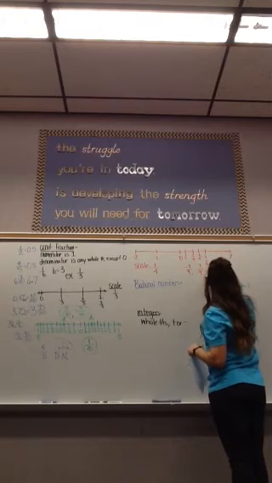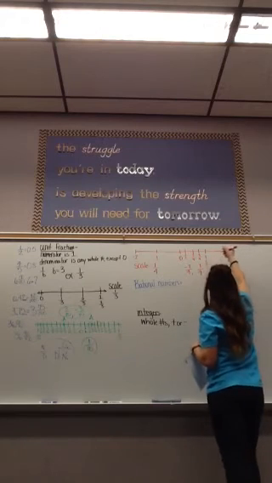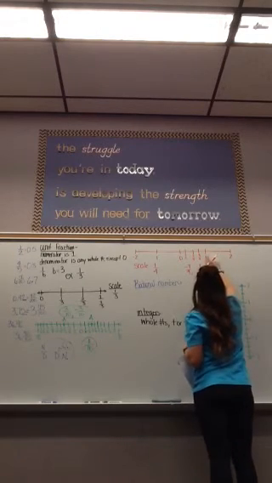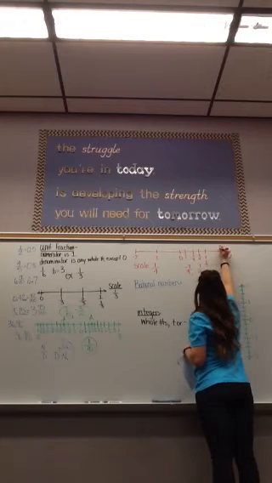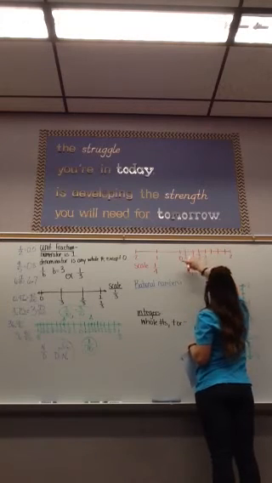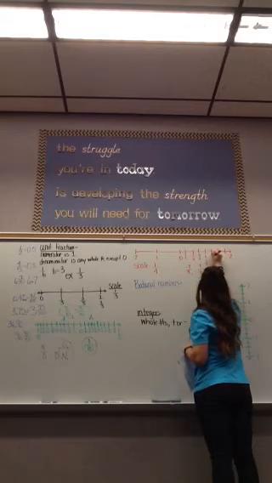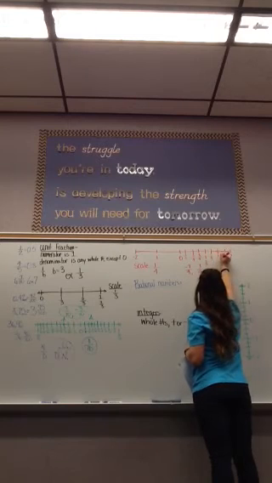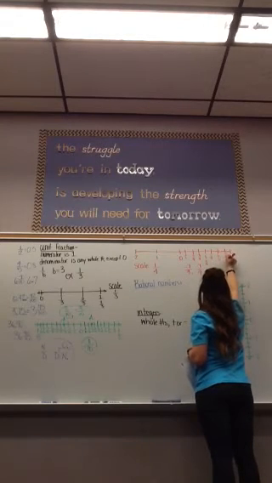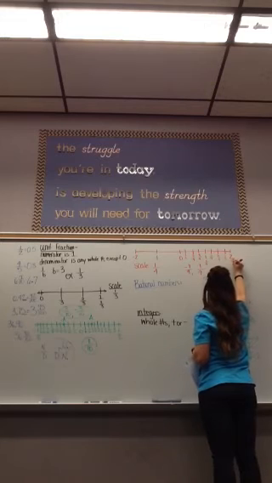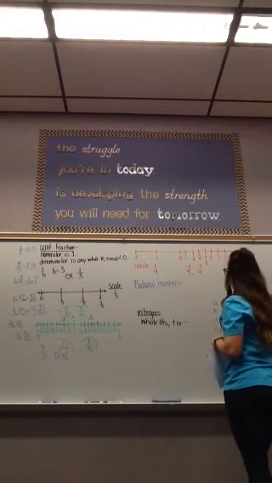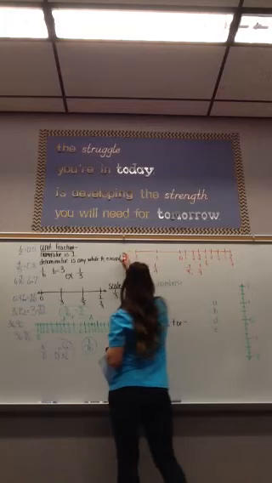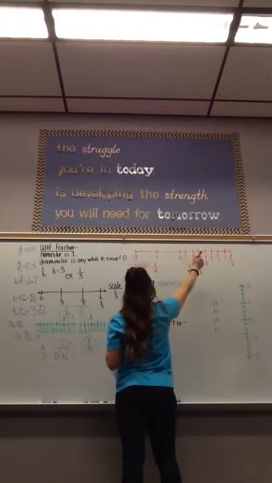I need to get to 7/4. So I'm going to have to continue my scale. So the distance between 1 and 2, my scale has to be consistent. So this would be 5/4, 6/4, 7/4, 8/4. Okay, so keeping the scale consistent, I need to move to the negative side of the number line.